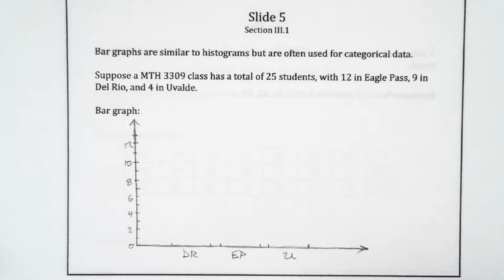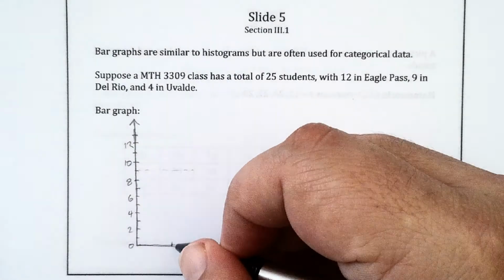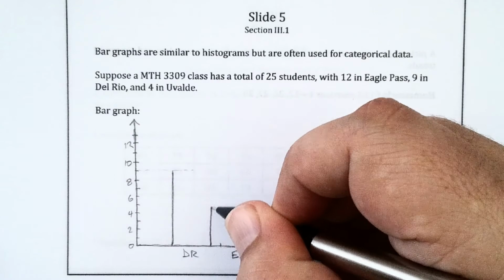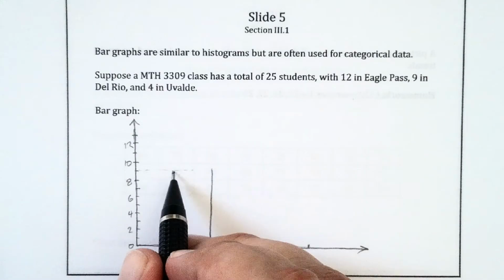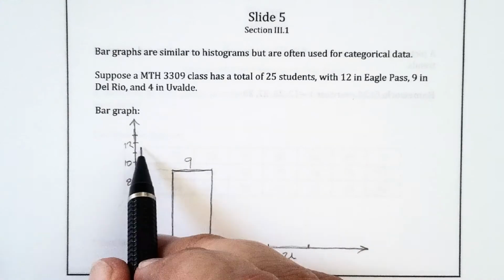Del Rio is 9. So here's a bar that's 9 units high. Eagle Pass, it's 12.